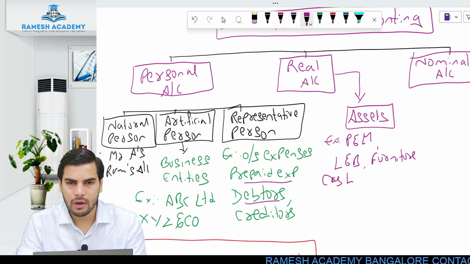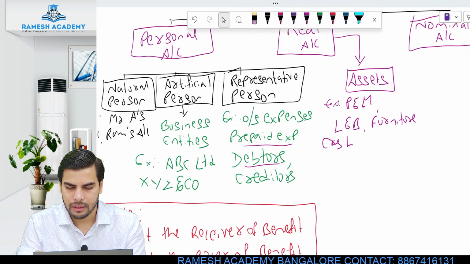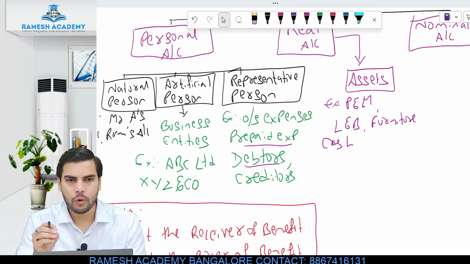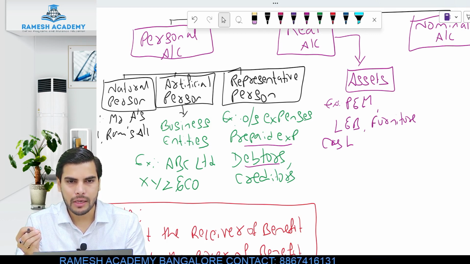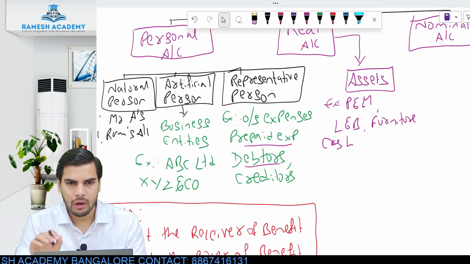All these things would be treated as assets and ultimately treated as real account. Clear? Any doubt, any confusion pertaining to real account? Just remember these two statements. Real account mainly focuses on the asset side of your balance sheet, but all the assets are not classified as real account. Majority of the assets are classified as real account, but not all.